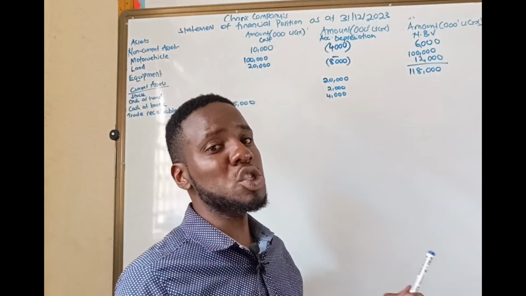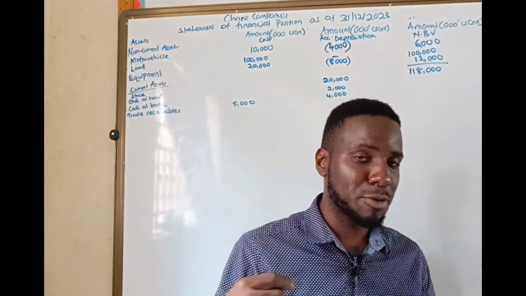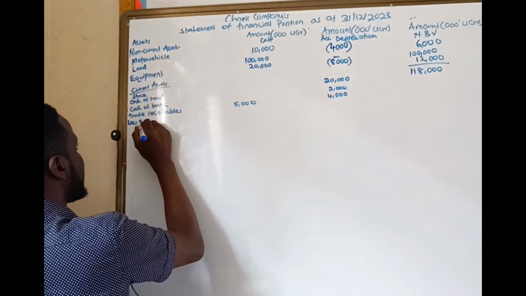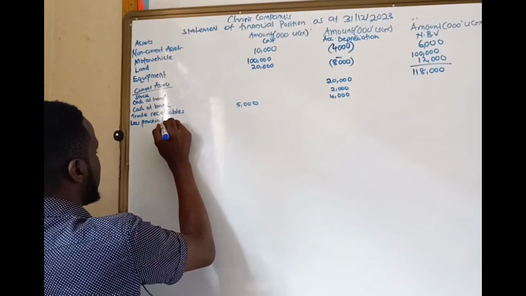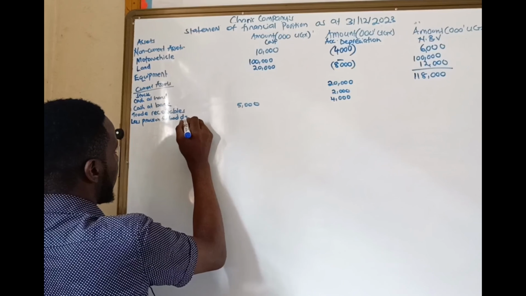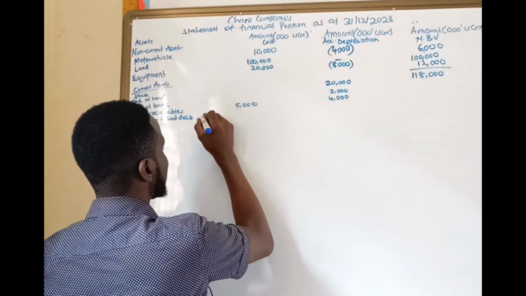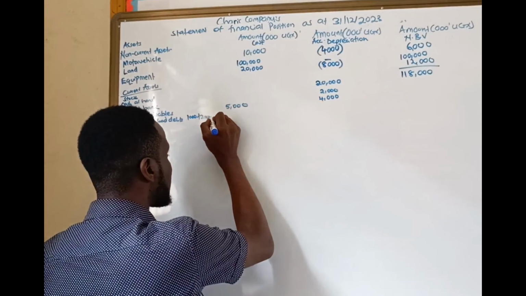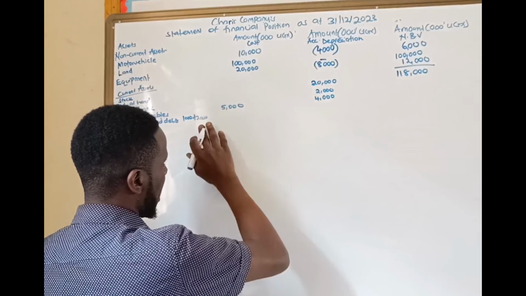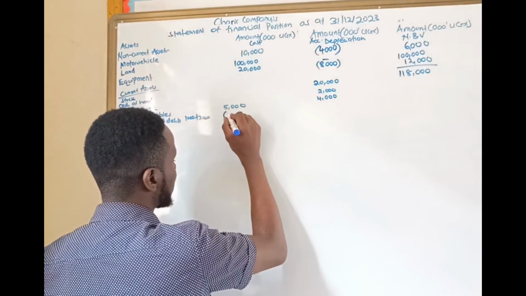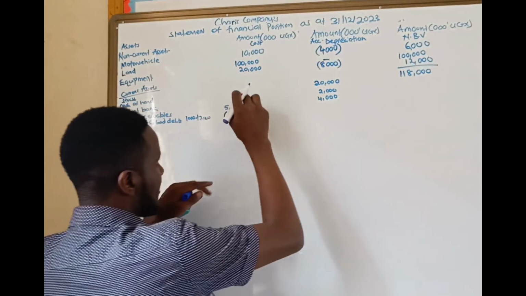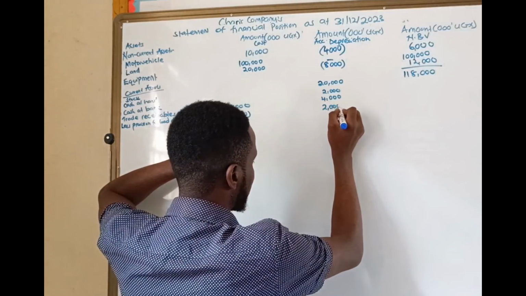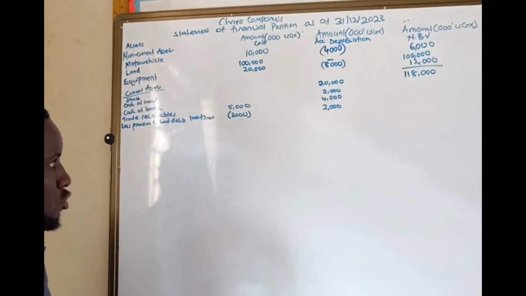But now we have also calculated another provision for bad debts. So it means we shall come and say less provision for bad debts. And we are going to say it is 1,000, the one you have calculated, plus the 2,000 in the trial balance. Then we shall have a total of 3,000 here. Meaning 5,000 minus this 3,000 gives rise to 2,000. That's how it's supposed to be done.